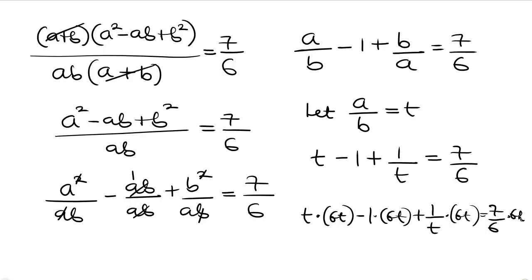I'll be multiplying by 6t. Very good. So now notice that t times 6t is 6t squared, minus 1 times 6t is 6t, plus, now notice that t can cancel out t from here, leaving behind 6, to be equal to, 6 can go out, leaving behind 7t. Very good.